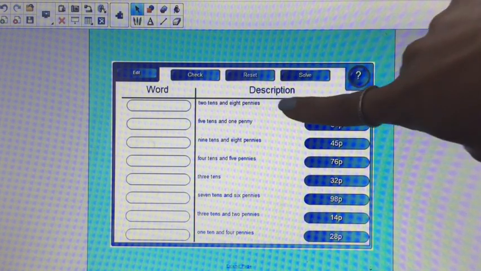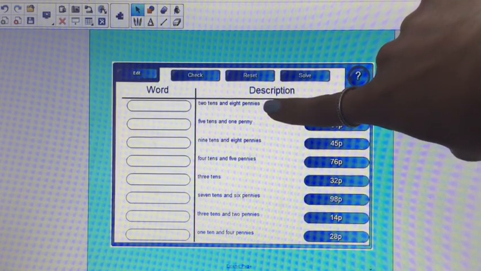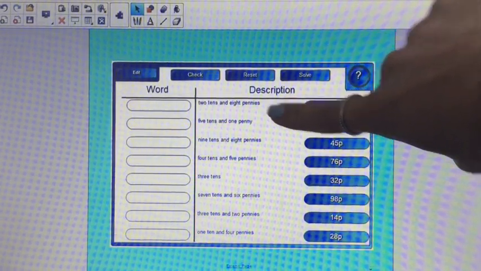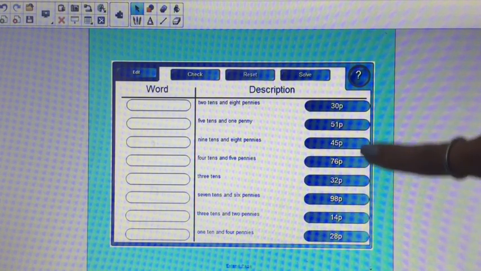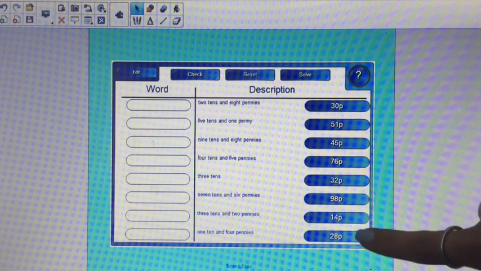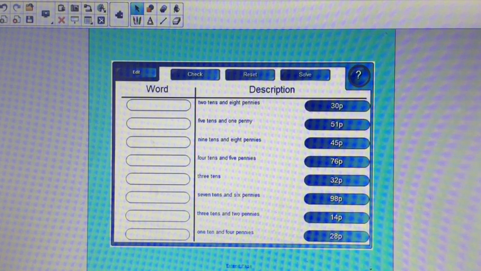So looking at the first one here, this says 2 tens and 8 pennies. Have a look at the options along this side. Which of these shows 2 tens and 8 pennies? Tell your grown up now.